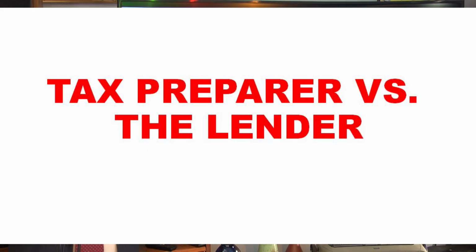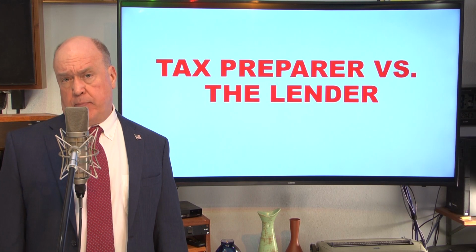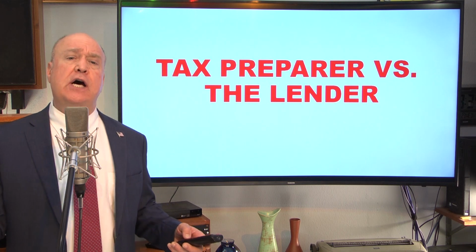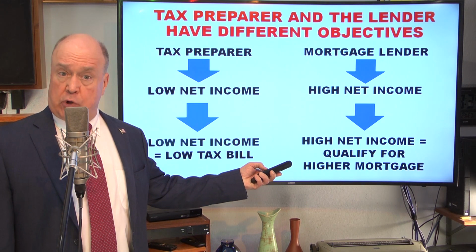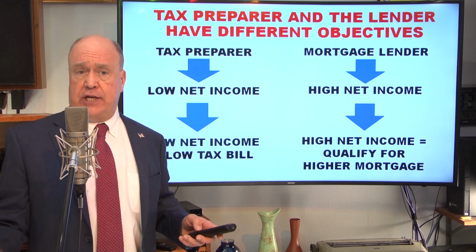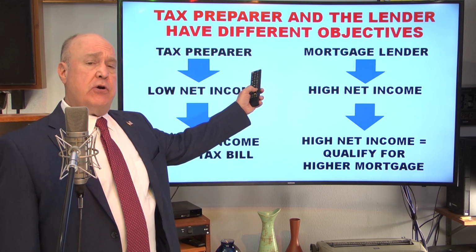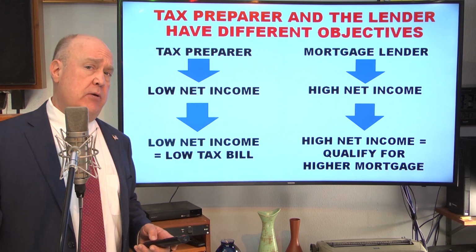Based on my own personal experience, one of the biggest problems that I've had with Schedule C self-employed borrowers is the inherent conflict between their tax preparer and the mortgage lender regarding how much net income they show on their Schedule C. The tax preparer thinks that their job is to reduce that net income to the lowest amount possible.